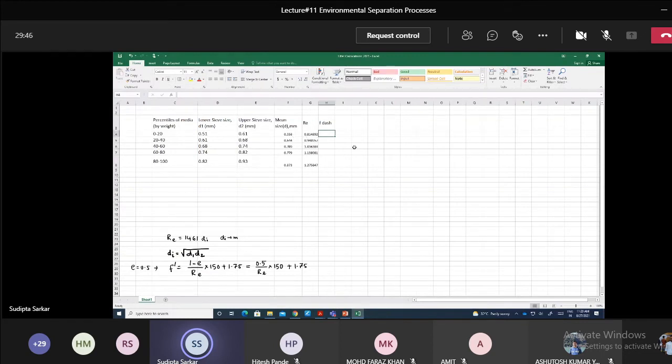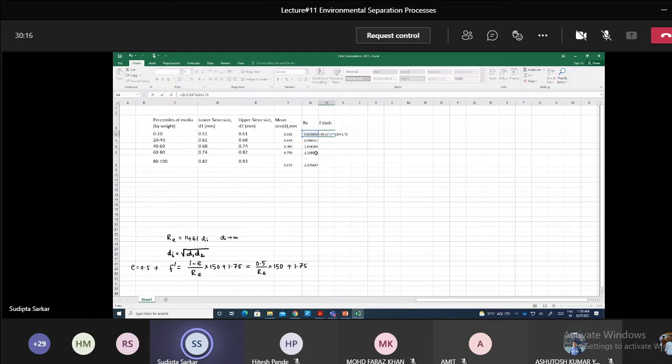So this is equals to 0.5 divided by RE. RE is this cell, okay, times multiply by 150, then plus 1.75, right?